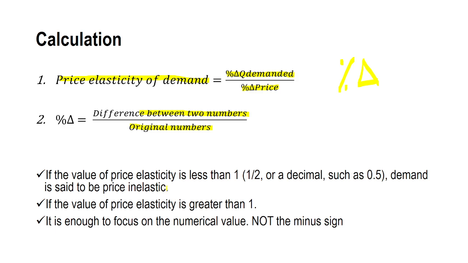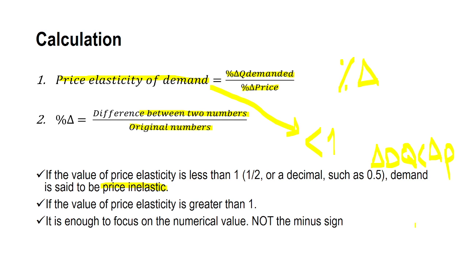In summary, if the result of the formula is less than 1, we say that we have price inelastic demand. Price inelastic means that the amount of change in quantity demanded is less than the amount of change in price.